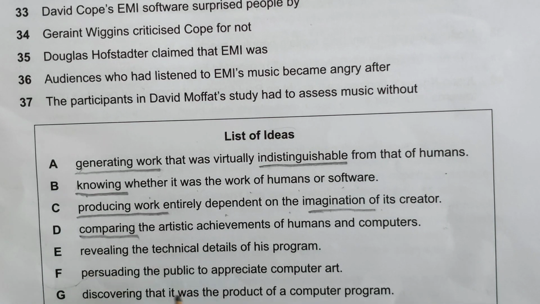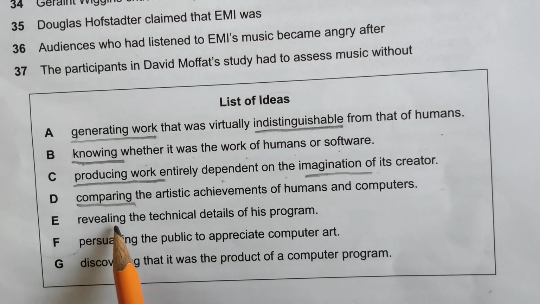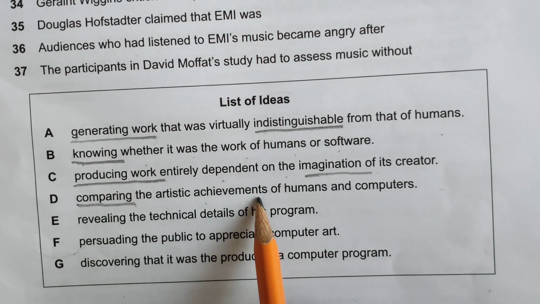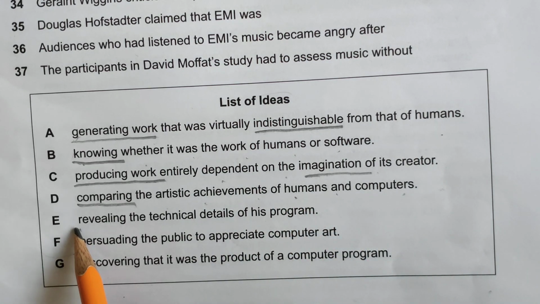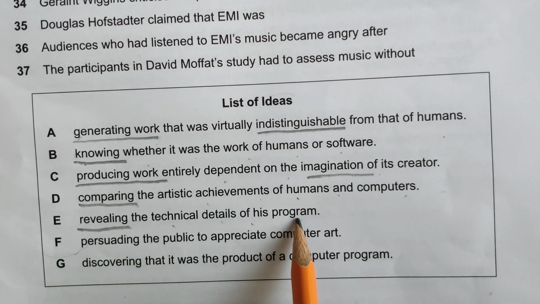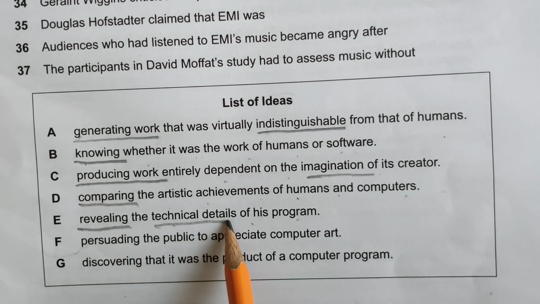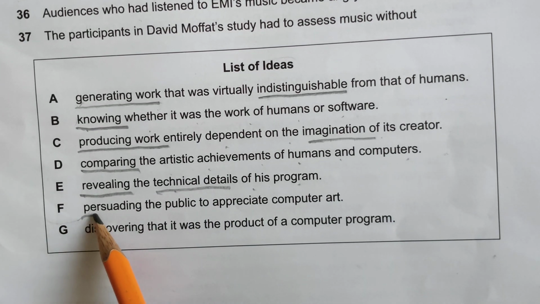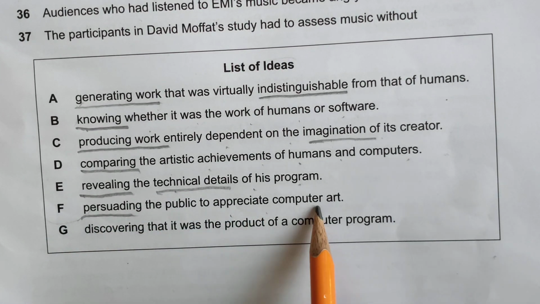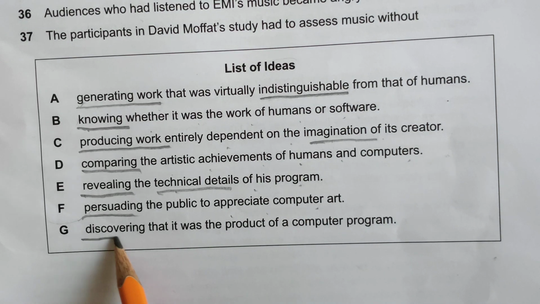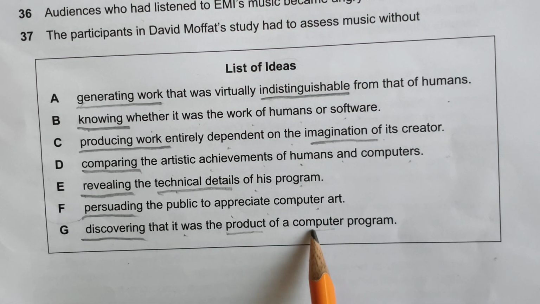Comparing, there must be some comparison given in the paragraph. The artistic achievements of humans and computers. Revealing the technical details of his program. Okay, technical details. Persuading the public to appreciate computer art. Okay, discovering that it was the product of a computer program.